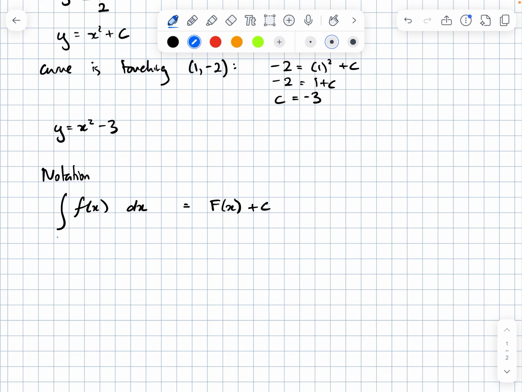So, we've got this weird little squiggly line. It's sort of like an elongated S. And what that means is it's an instruction, and it just says integrate. That's all it means. And we want to integrate this function. Now, the function that has not been integrated yet is called the integrand.